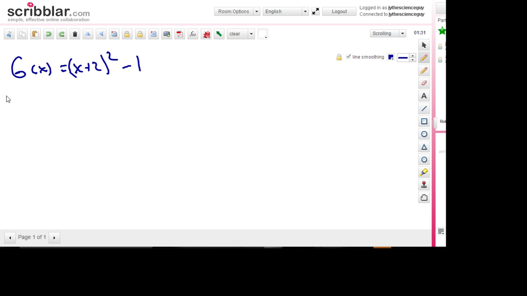First step is exactly the same. I'm going to make g of x 0. Then I'm going to move the 1 over to the other side. Now I'm going to take the square root of both sides.